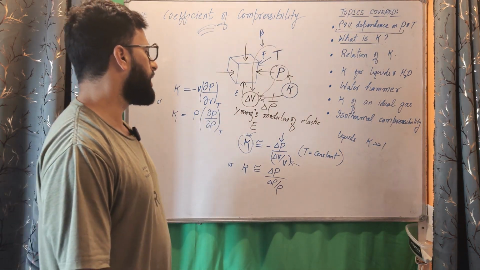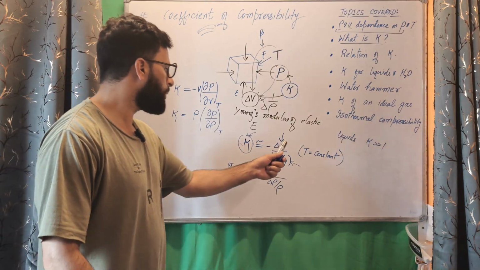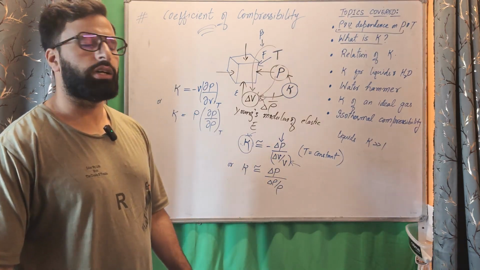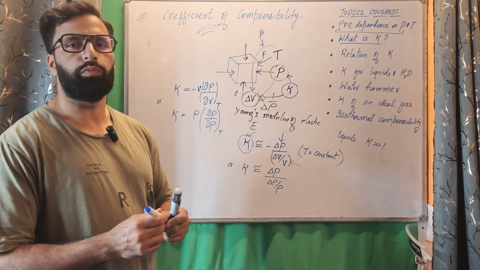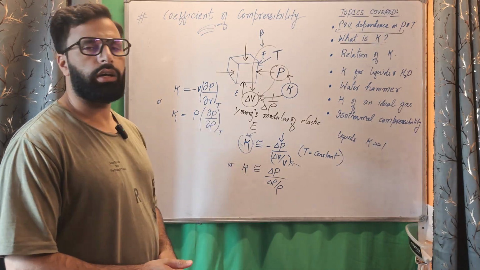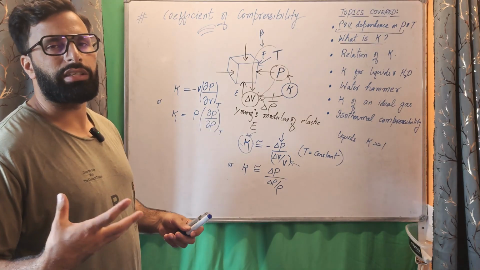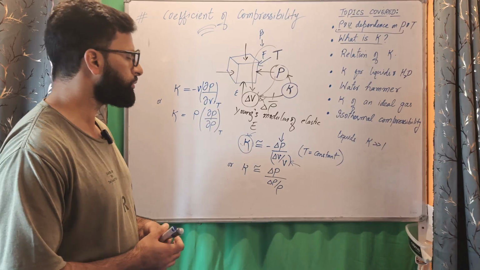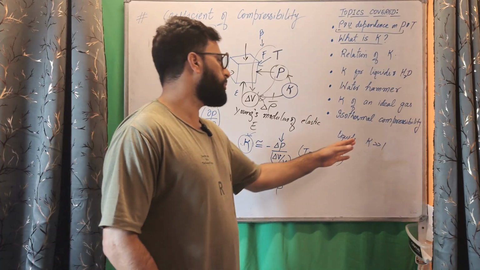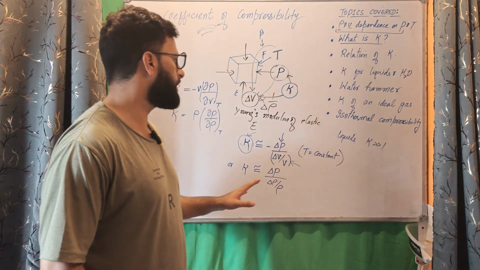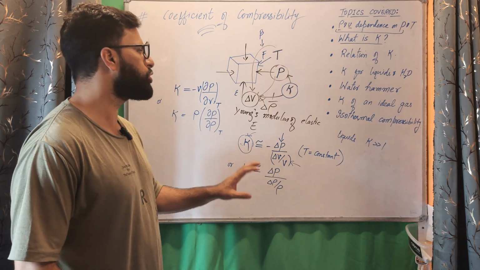And for gases it will be smaller, because only a small amount of pressure is needed to cause a significant change in volume. So in short, kappa for liquids is very large, while kappa for gases will be smaller.